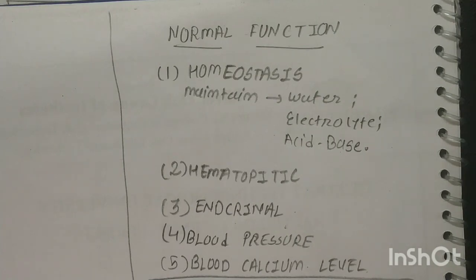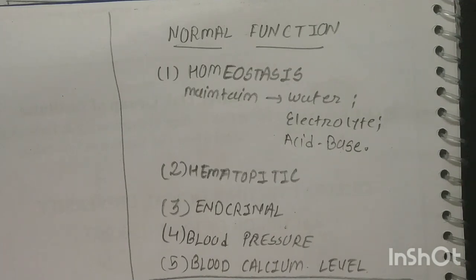Then the fourth very important function of the kidney is the regulation of blood pressure. Why? Because it secretes renin. Renin is a very important substance for the regulation of blood pressure. There is a whole mechanism for renin.